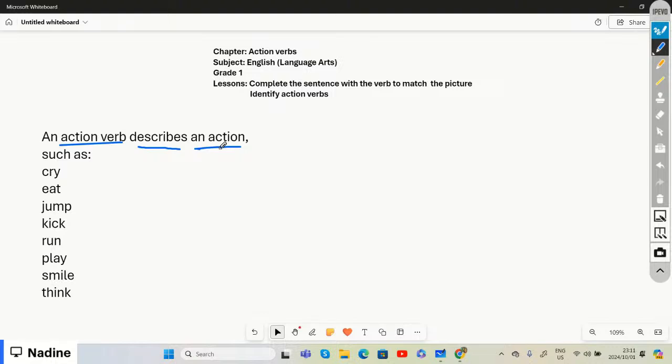If you can think of more examples of action verbs, then please let me know. Action verbs are actions that someone or something is doing.